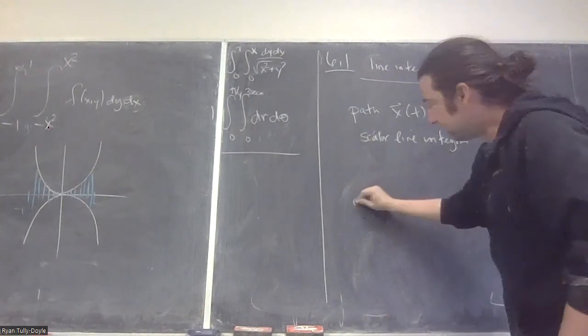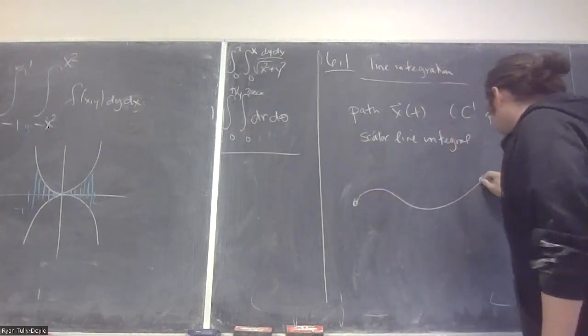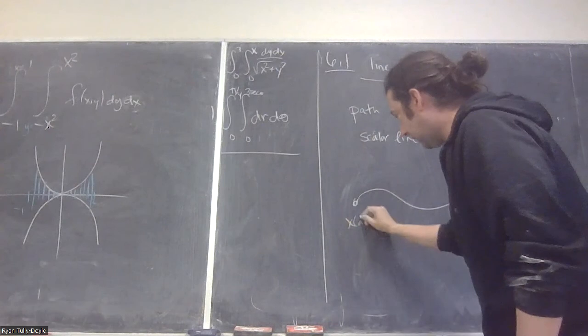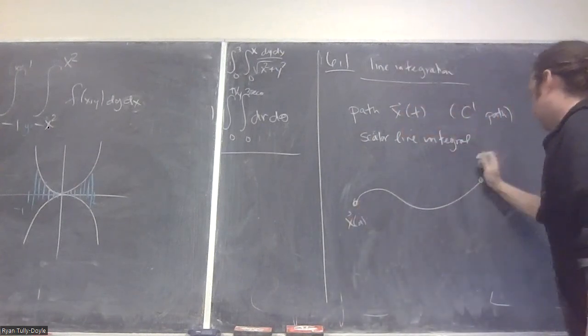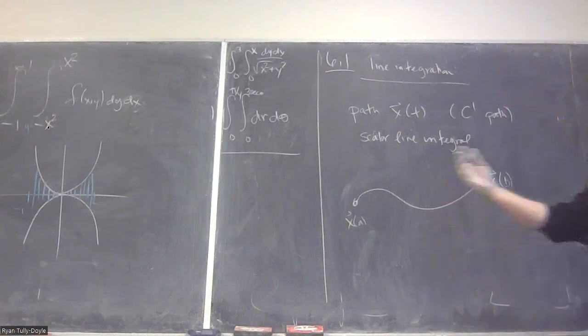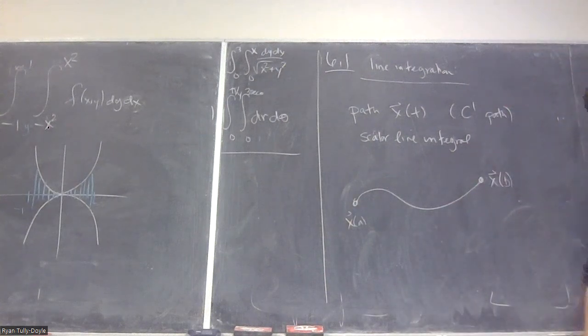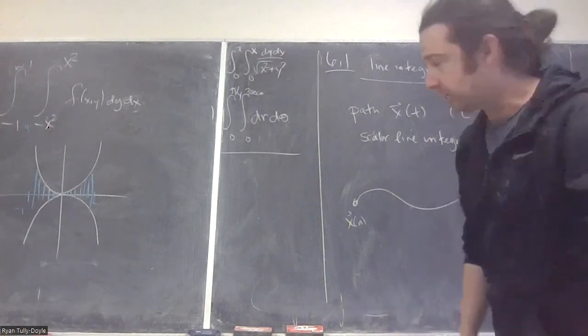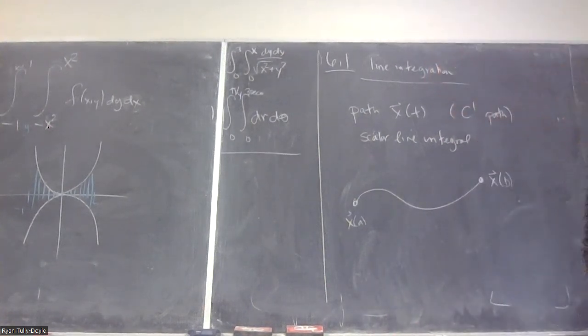So you have some path, x of a to x of b, running around in a domain, right? So this is a path in R2. And what you think of is, okay, suppose you had some function f that was a scalar field. So f is a scalar field.